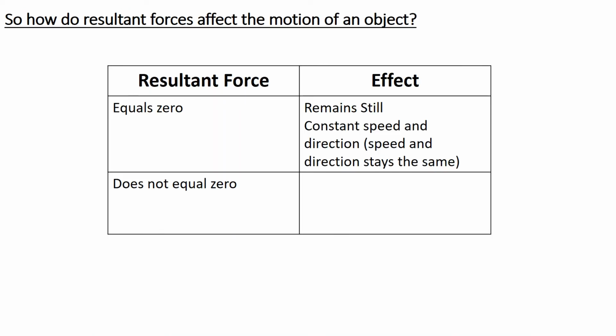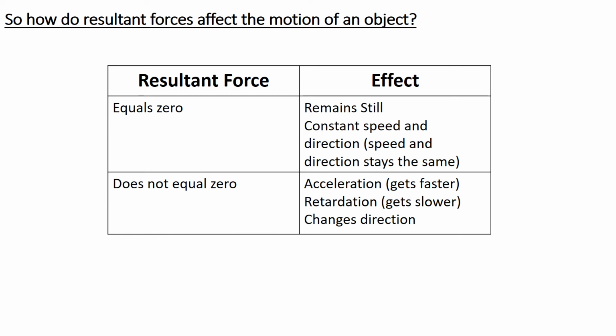So it's really important that we understand the effect of the resultant force equaling 0 and the effect of the resultant force being different to 0. Can we copy out this table so that you've got it?